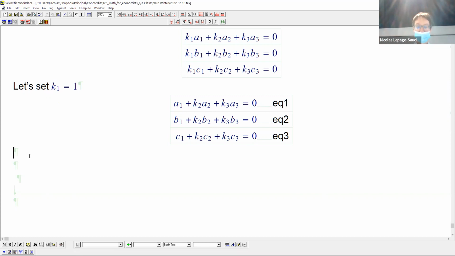So let's compute: B2 times equation 1 minus A2 times equation 2.